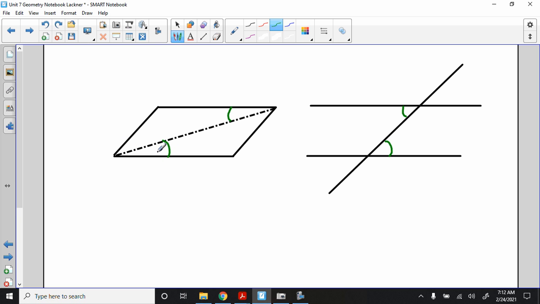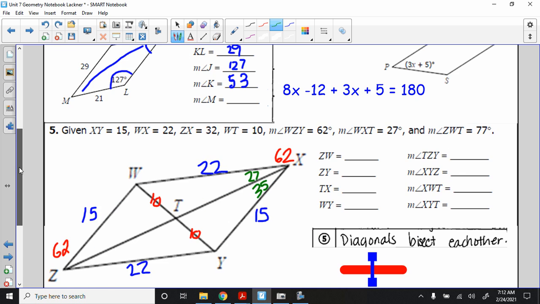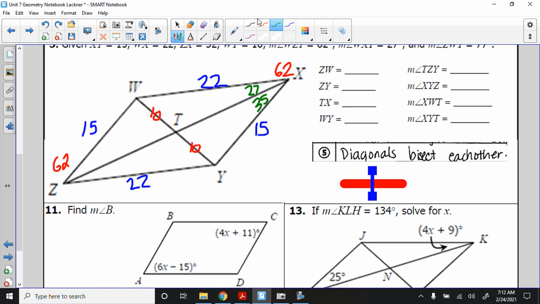These two are equal. So what you need to do is take, if it's on the bottom, go to the top and cross the transversal. That's the equal angle. Now watch me apply that here. This 27 going to go down to the other corner and cross, and it's now on the bottom.